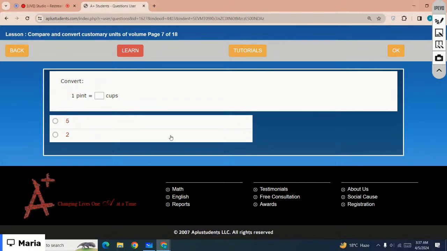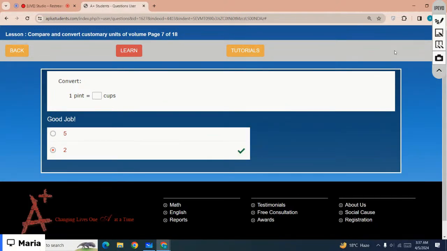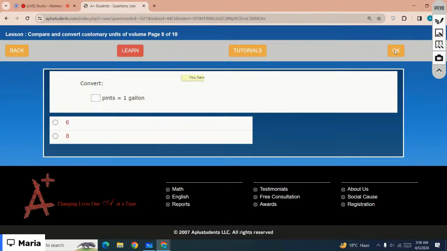The correct option is 2. 1 gallon equals how many pints? 1 gallon equals 8 pints. The correct option is 8, right?